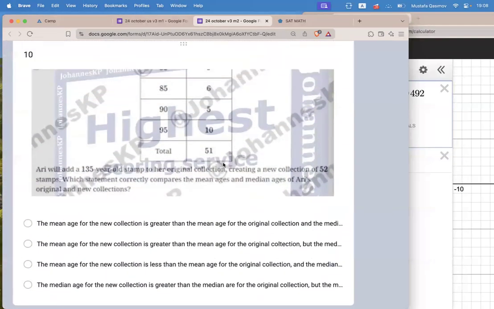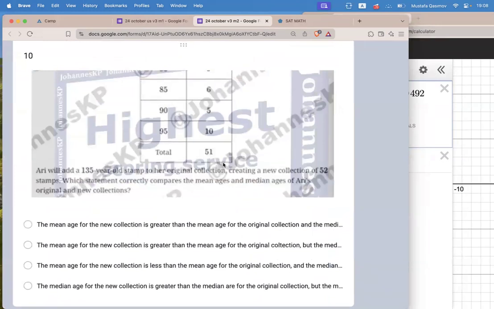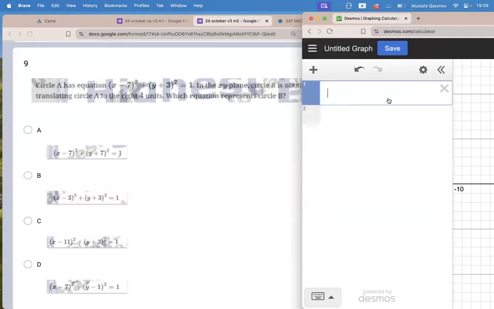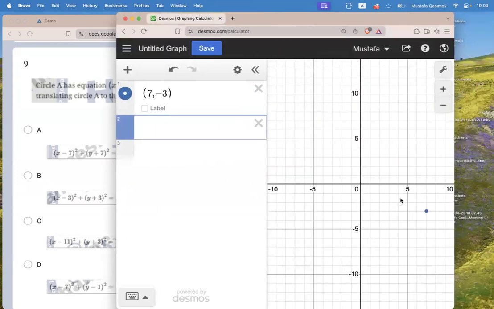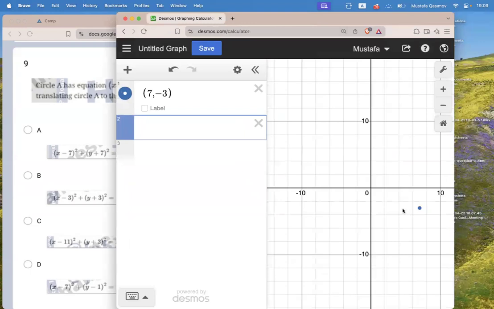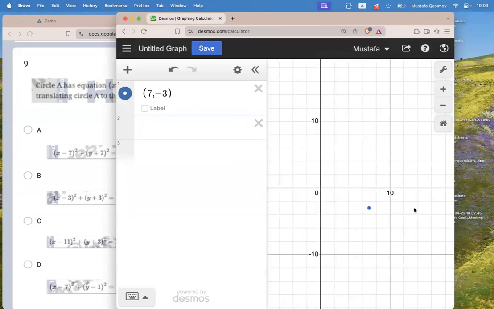10 again, the mean will increase, the median will be the same. It says we have to move it 4 units right. So let's find the center. If you want to make it 4 units right, it is here, right? If you make it 4 units right, it must be here.